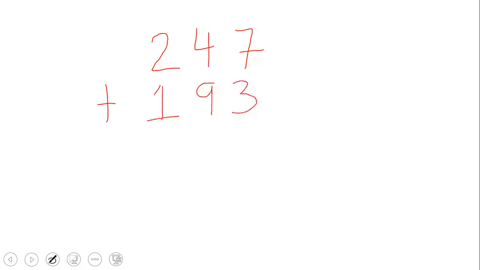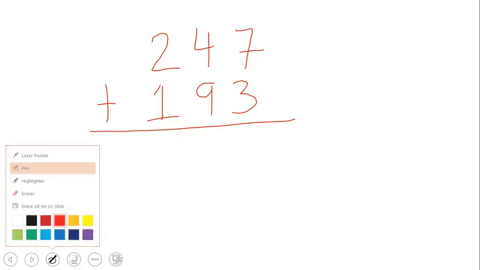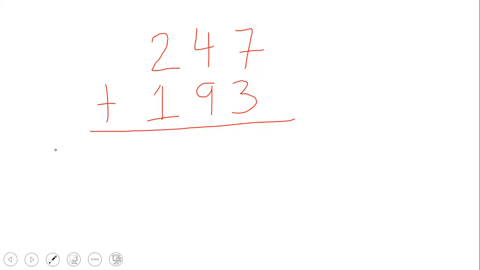So we have 247 added to 193, and we want to determine the sum. We are going to go about this column by column.